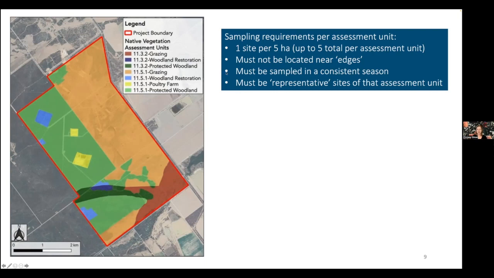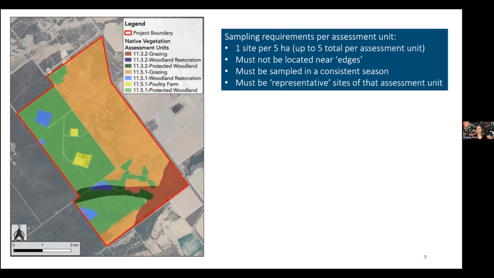The method then dictates that sites must be sampled in a consistent season. So if you sample in spring one year, then you will want to continue all of your sampling repeats in spring in subsequent years. And then finally, your sample sites should be chosen as representative sites of that assessment unit. And so again, that's a bit of a subjective assessment in determining a representative site.